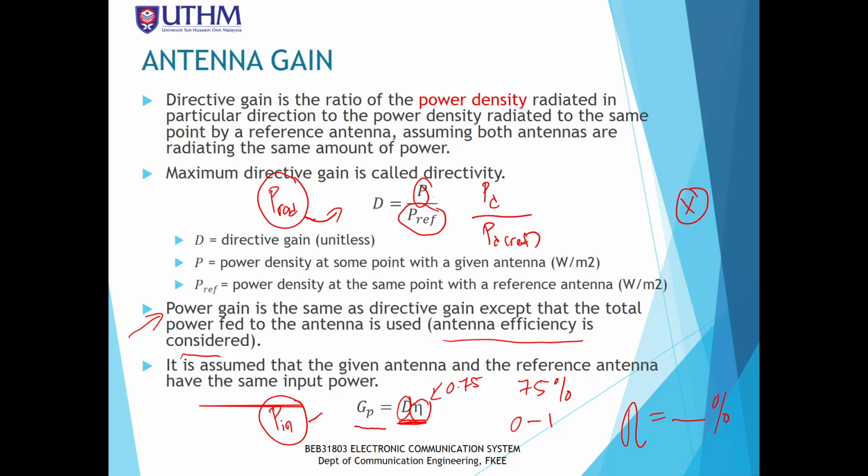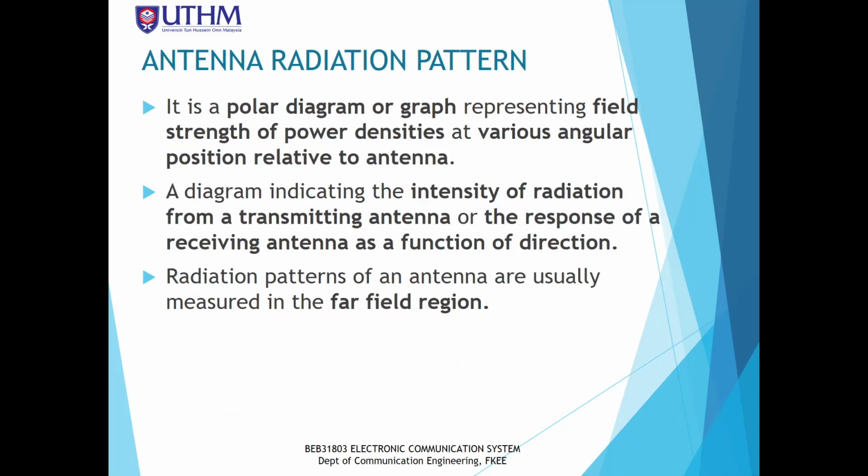So what's the relationship about that? We're going to see in the next topic about EIRP, effective isotropic radiated power. Okay, EIRP. So ini ada di dalam topik seterusnya, after a few slides later.